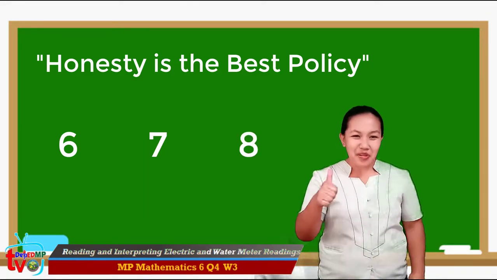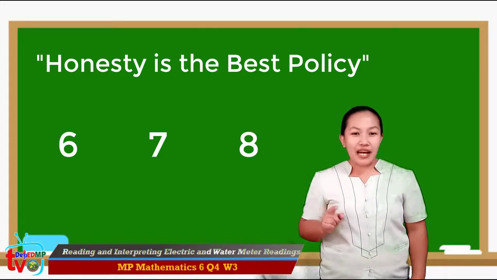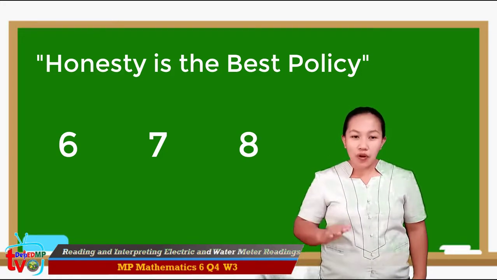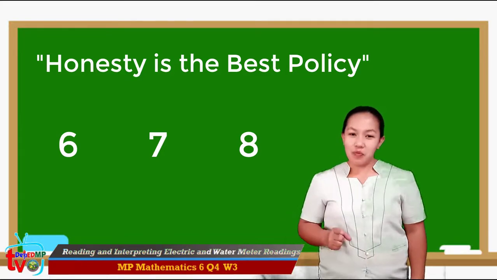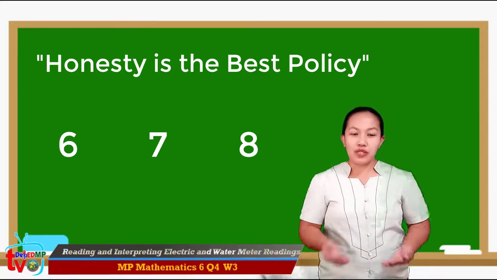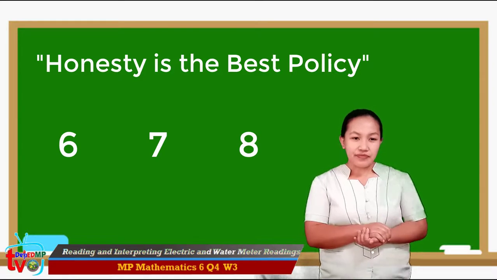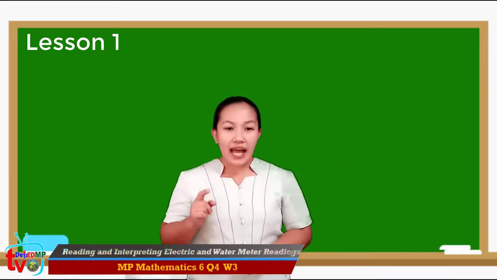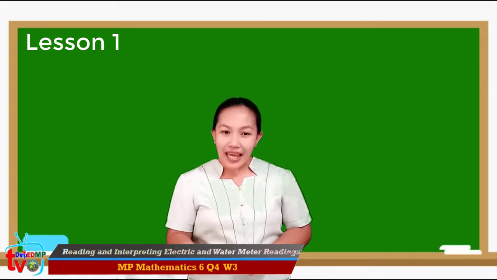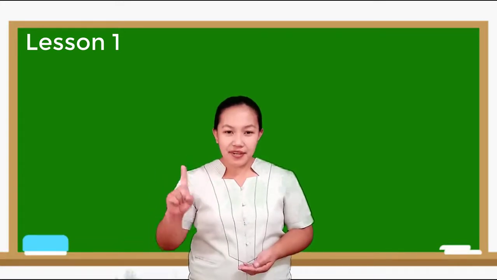Wow, very good. If you got a score lower than 6, don't worry. You will learn more as we proceed with the lesson. Now that you are finished answering what I know, let's proceed to lesson 1.